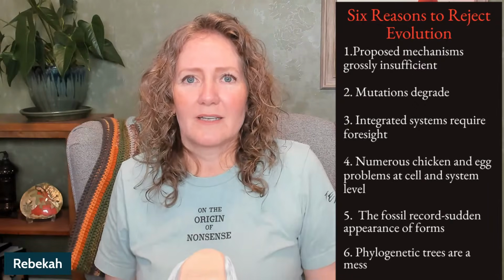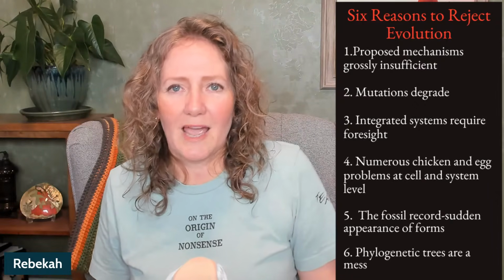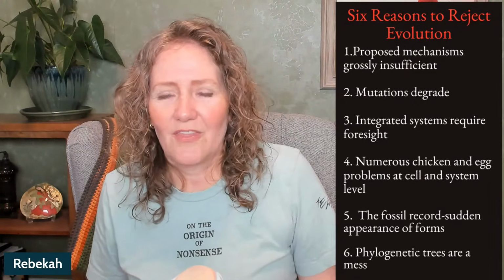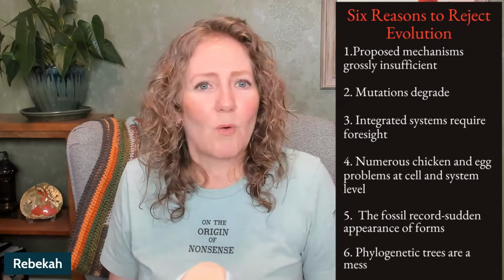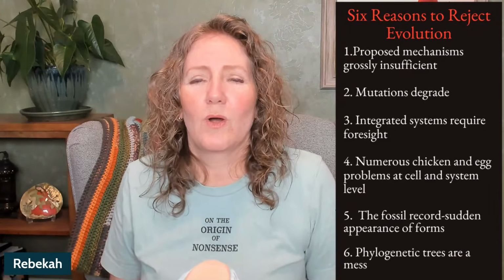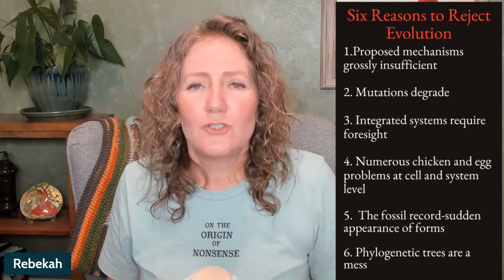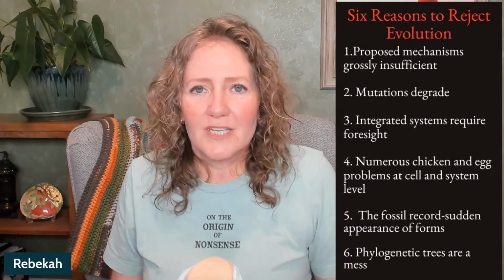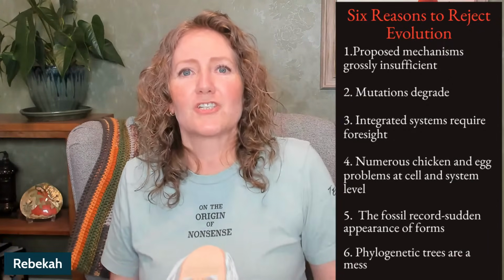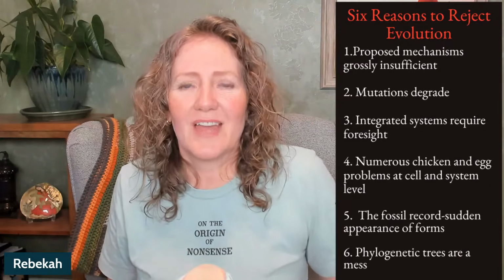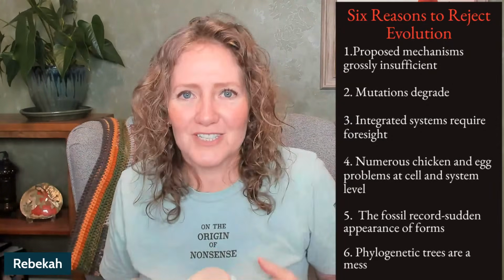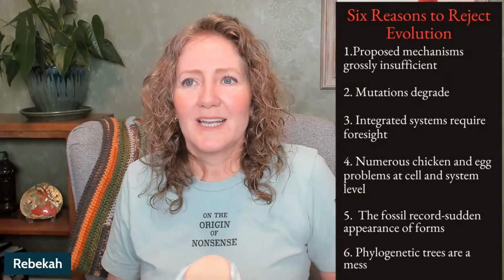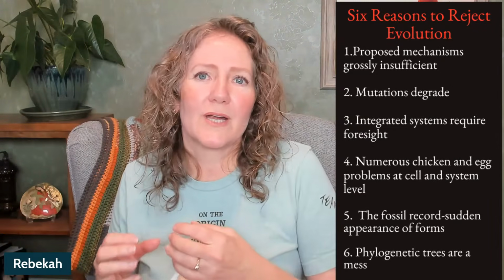You have been convinced that things can happen by natural processes that cannot happen by natural processes. This is not about what we don't know. It's about what we do know. We do know that this type of information and machinery throughout all of life, down to the simplest organism, has no mechanism to bring it about.